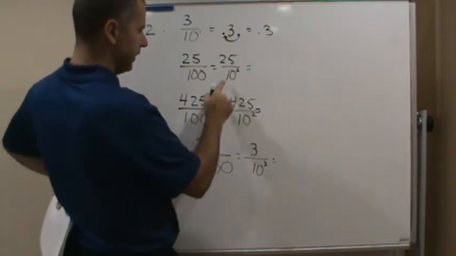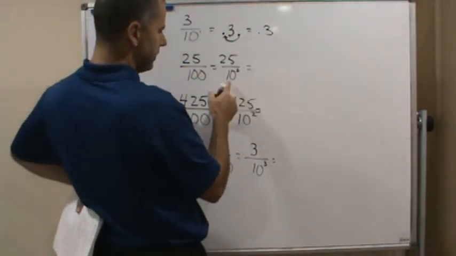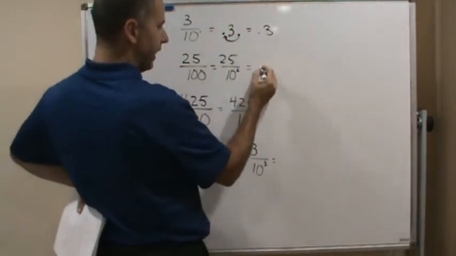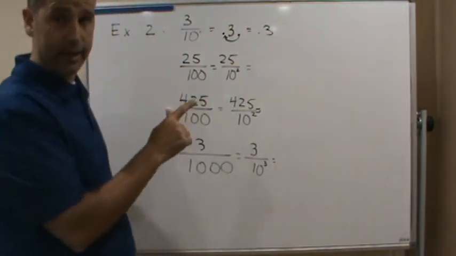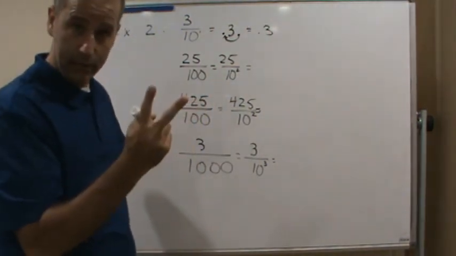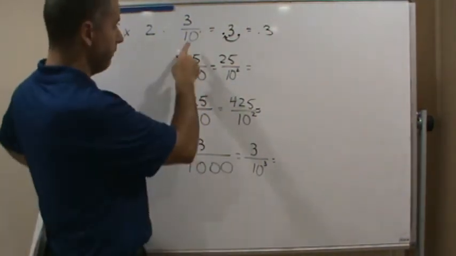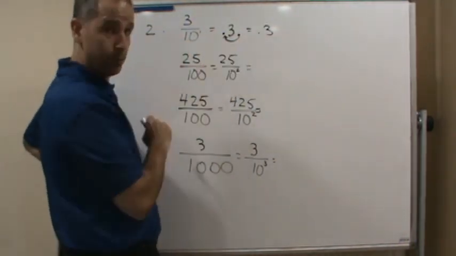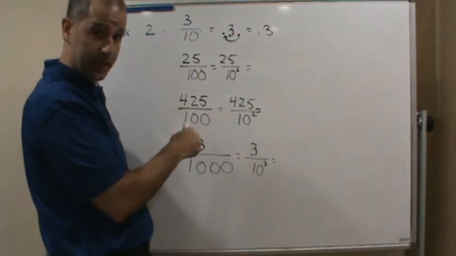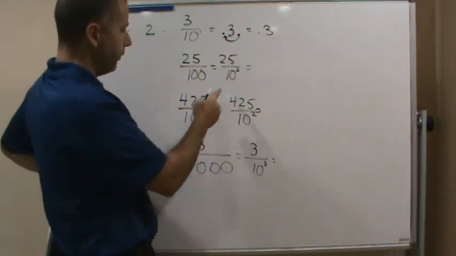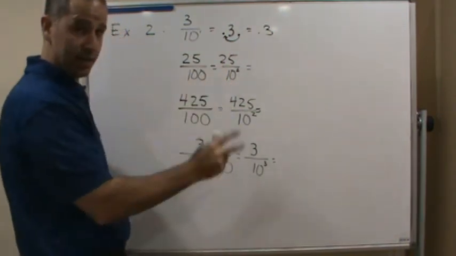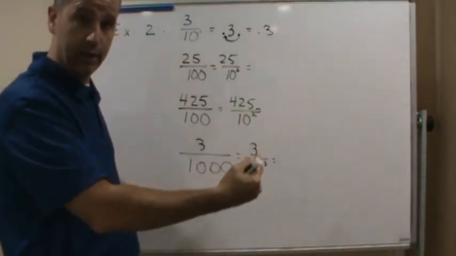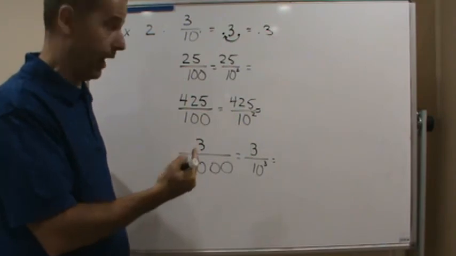Now here, look at this. This is 10 squared, which again is like dividing by 10 two times. So if we divide by 10 one time, that moves the decimal point to the left 1 place value, then if we divide by 10 twice, what do you think is going to happen? It's going to move the decimal point to the left 2 place values.